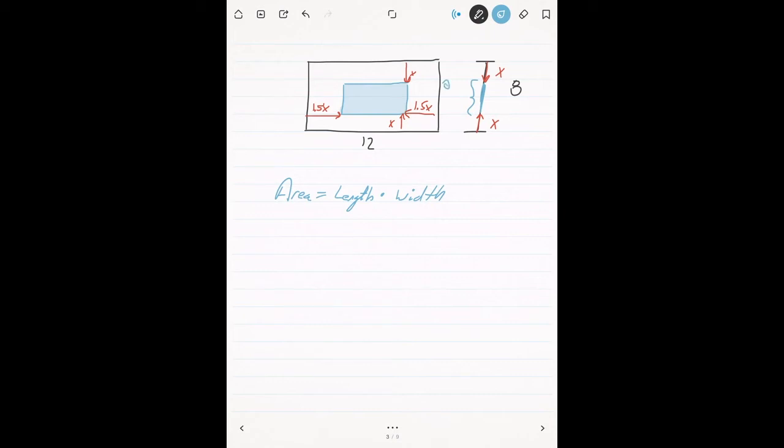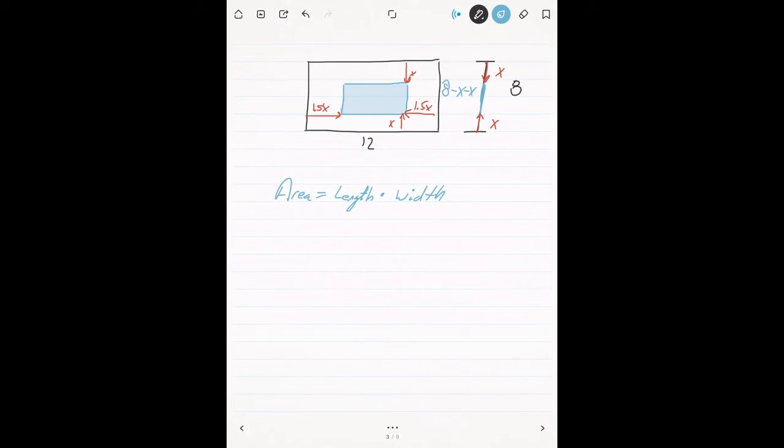So we started with 8, but then we're going to subtract away an x from the top, and we're going to subtract away an x from the bottom. So 8 minus x minus another x, that would be whatever's left over in the middle here.